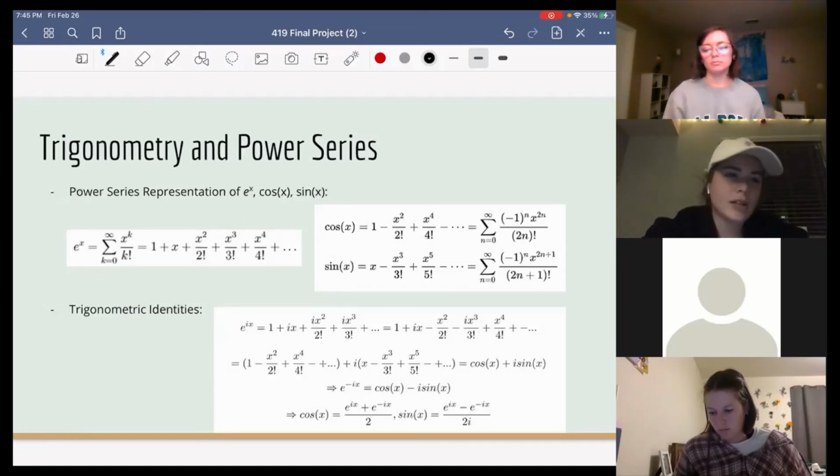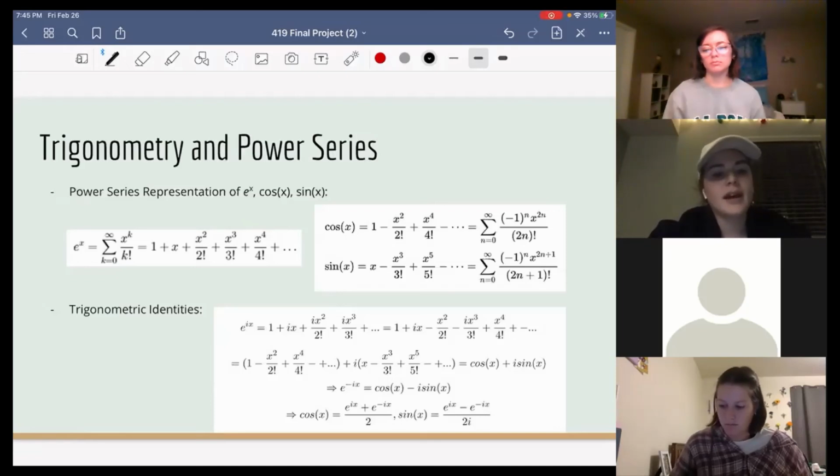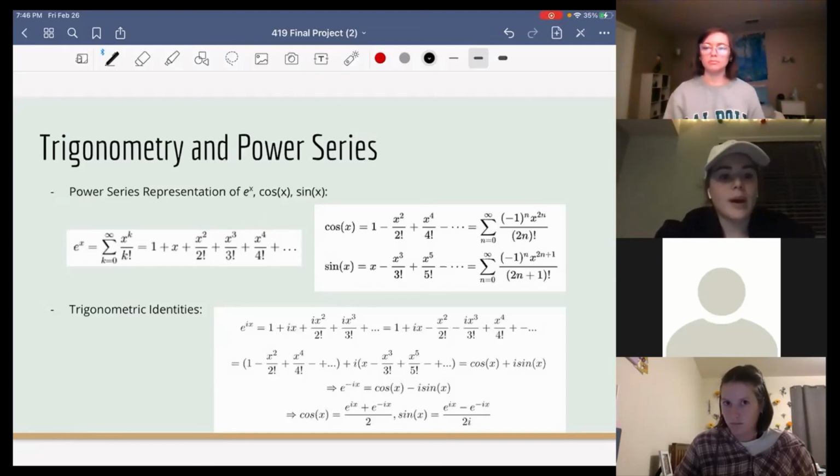And if you subtract those equations, you get the sine identity that the sine of x equals e to the ix minus e to the negative ix over 2i. So that is how we can use the power series representations to find trigonometric identities that students are using every day.